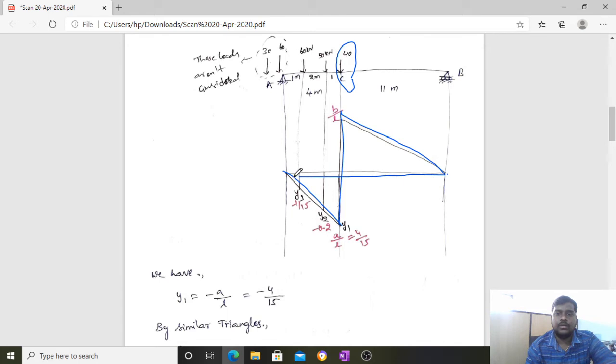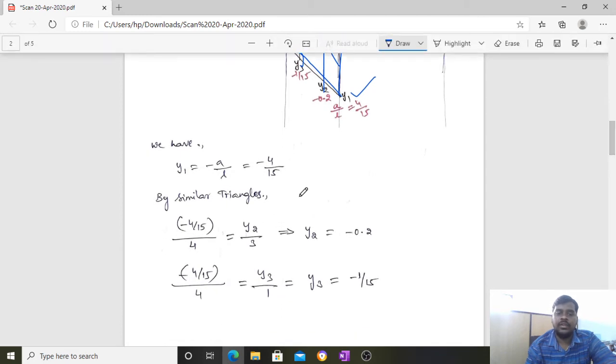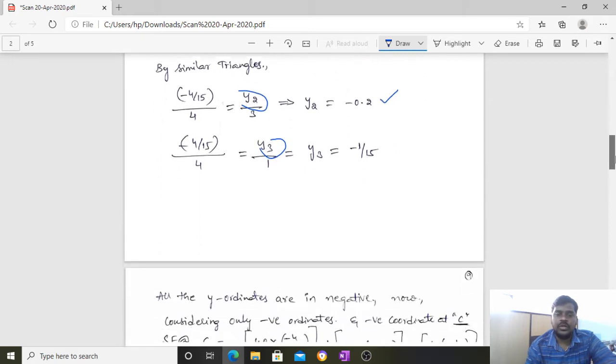After that, this is y3 and this is y2, and as usual this is y1, and we have a by l here, and this is b by l, where a is this span and b is this span 11, and also this is 4. Next, according to y1 we have a by l. From similar triangle rules, we are finding the ordinates y2 and also y3, and the values of them are 0.2 and -1 by 15 as usual.